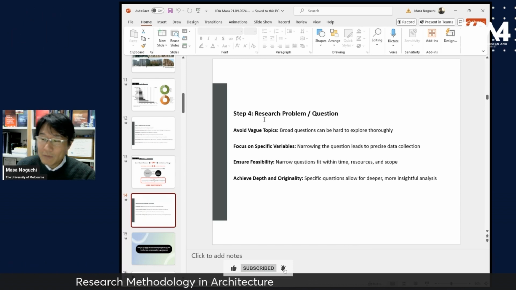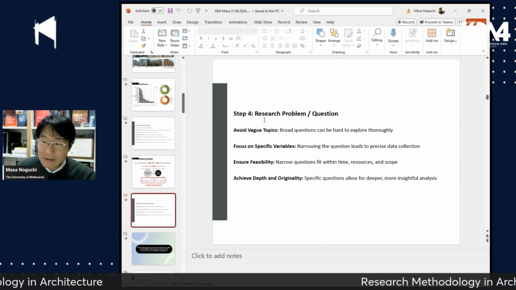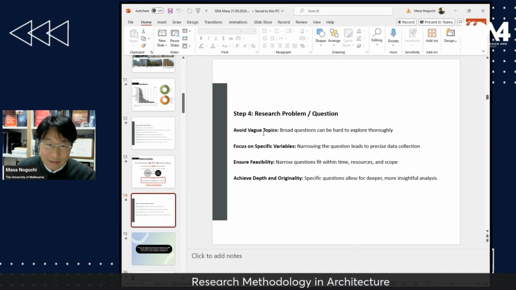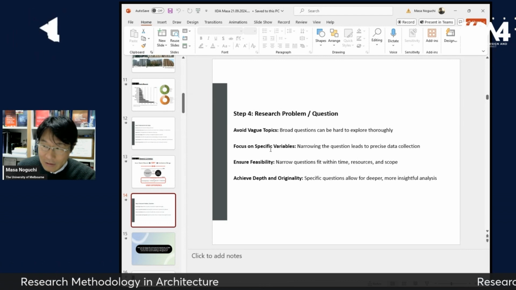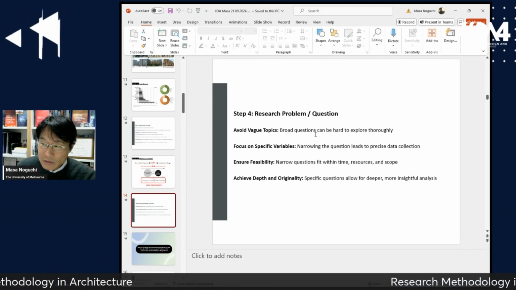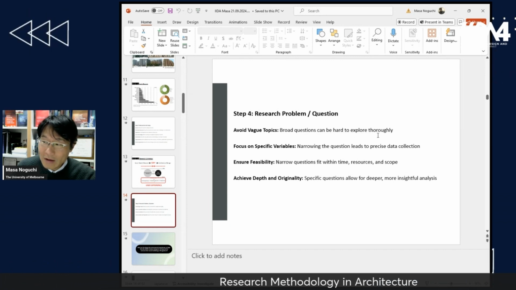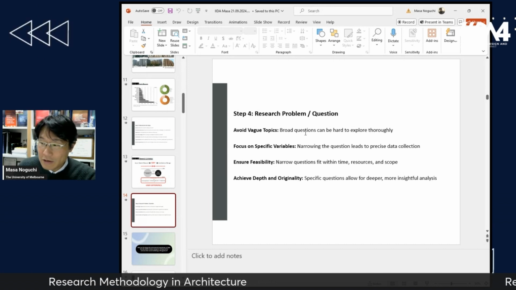So it is very important to have a hierarchy and avoid vagueness. The research question should be very specific. Broad questions can be very hard to explore. Therefore, the question needs to be narrowed down.